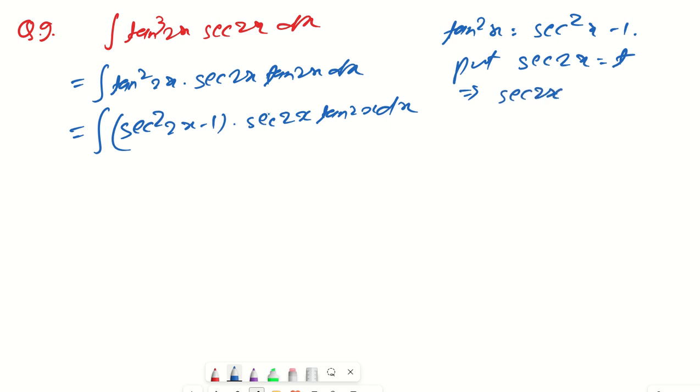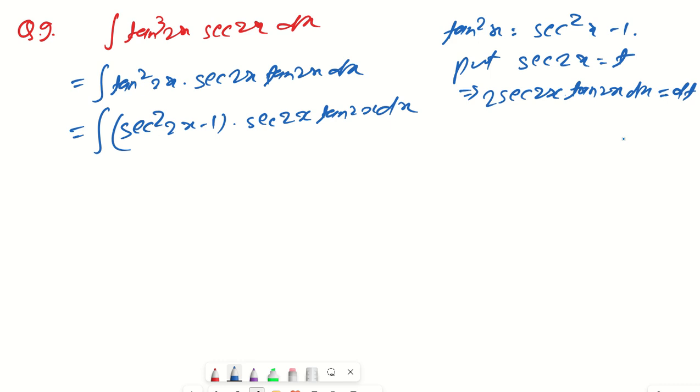Sec 2x into tan 2x, and then tan 2x into 2x, it will become 2. So 2 I have taken out and this will become dt, right? So sec 2x is equal to t, we are going to put 2 times sec 2x tan 2x dx is equal to dt. So we have sec 2x tan 2x dx here, so it will become dt divided by 2.